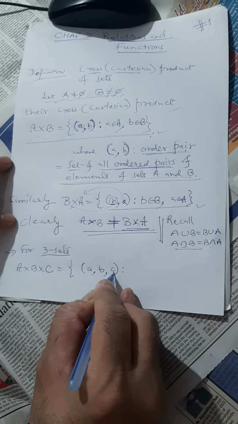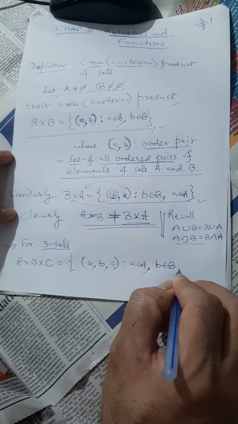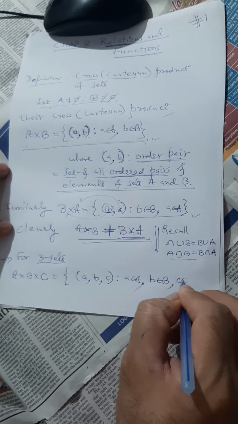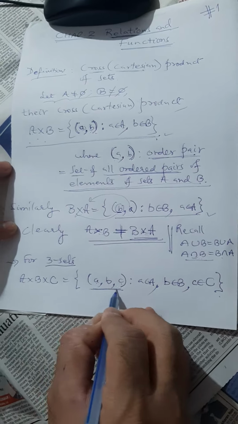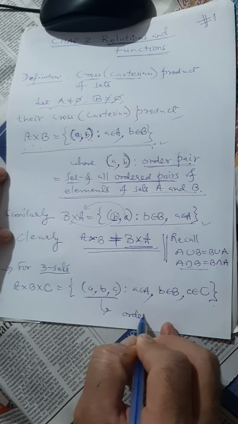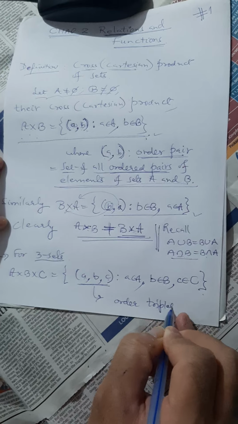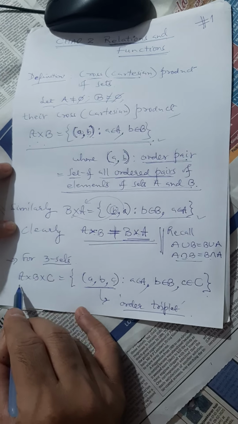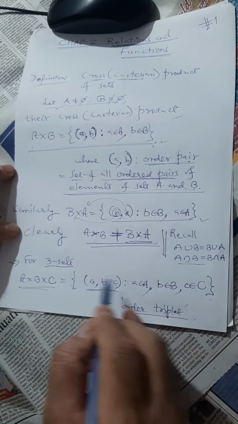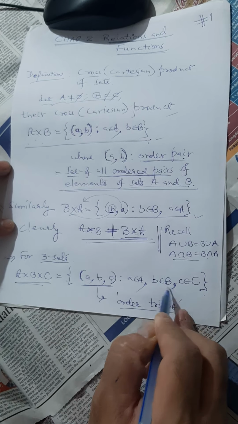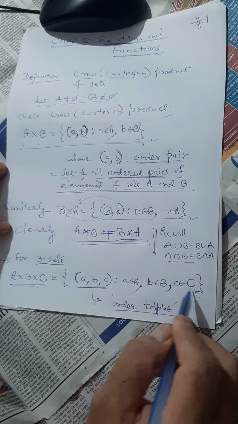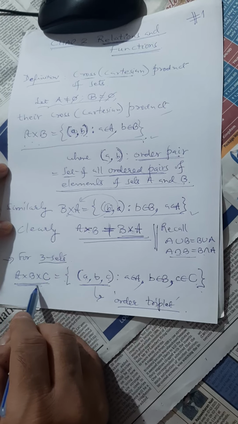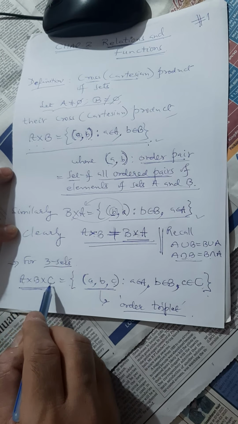The first member comes from the first set, the second member from the second set, and the third member from the third set. Remember, (a, b, c) is an ordered triplet. So A cross B cross C is a set of ordered triplets of the members of the three sets, where a comes from A, b comes from B, and c comes from C. This way we can generalize for any number of sets, but in general we have this A cross B cross C.